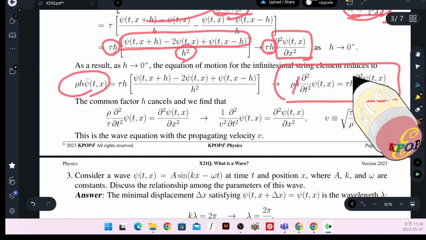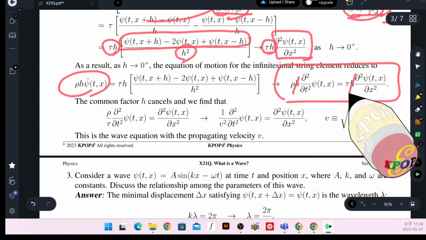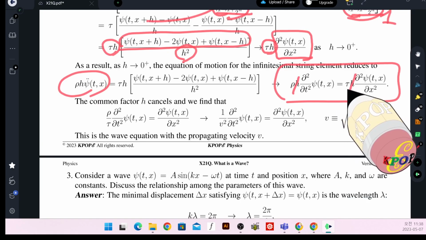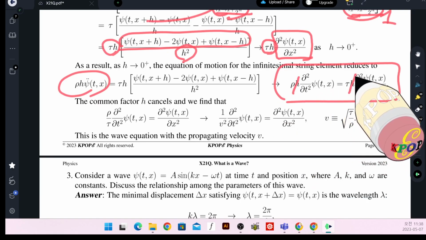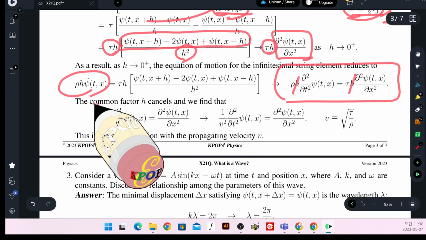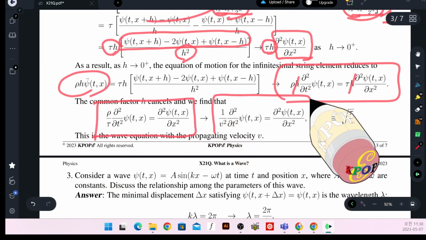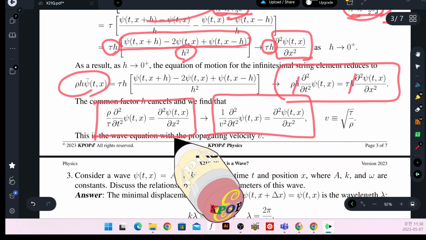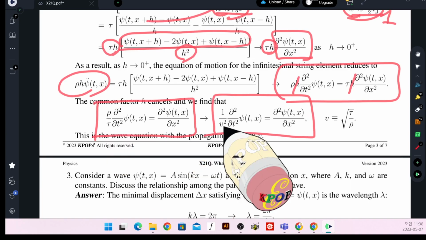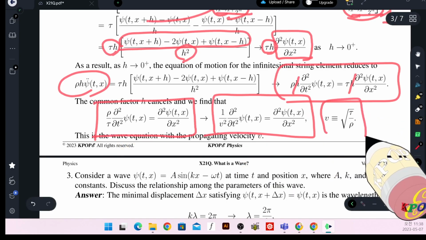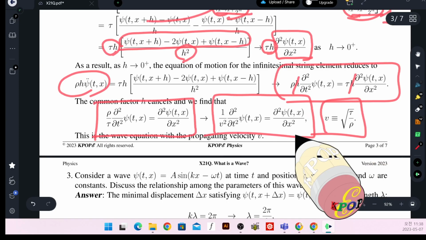We cancel the common h and divide both sides by tau. And we have reached the expression that is identical to the general wave equation propagating along the x-axis. We can identify the speed of propagation v as the square root of tau over rho.